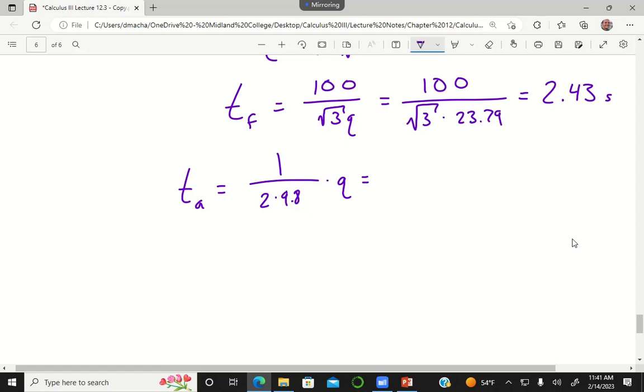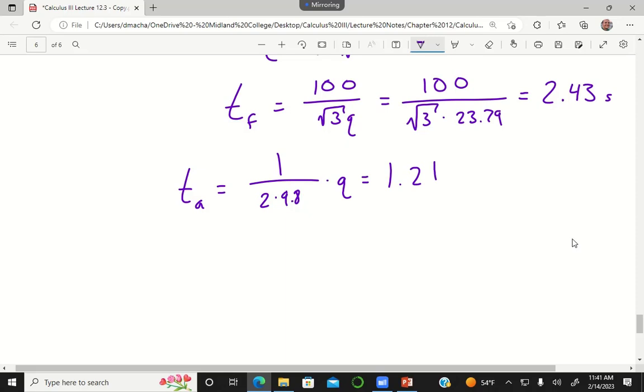So what is that time? That's greater than the final time. It shouldn't be. 1.21.